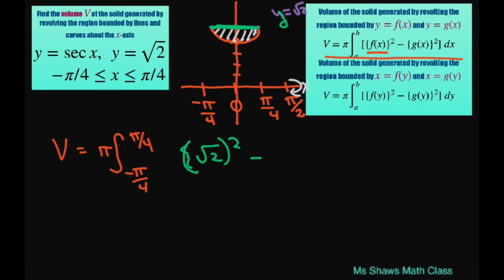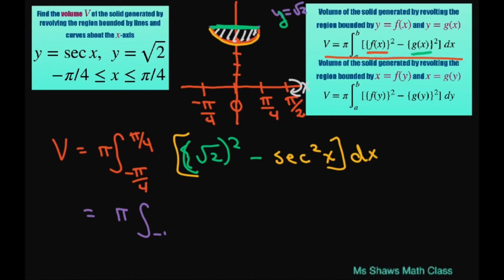Then minus this piece here, which is the lower boundary, and that is your secant. So this is going to be secant squared of x, and then we can say dx. All right, this is going to equal pi, and then we're going from negative pi divided by 4 to pi divided by 4, and this is just going to be 2 minus secant squared of x dx.